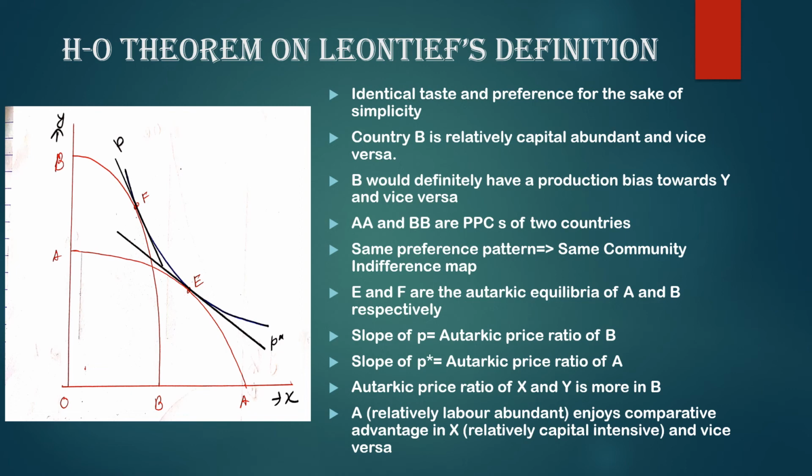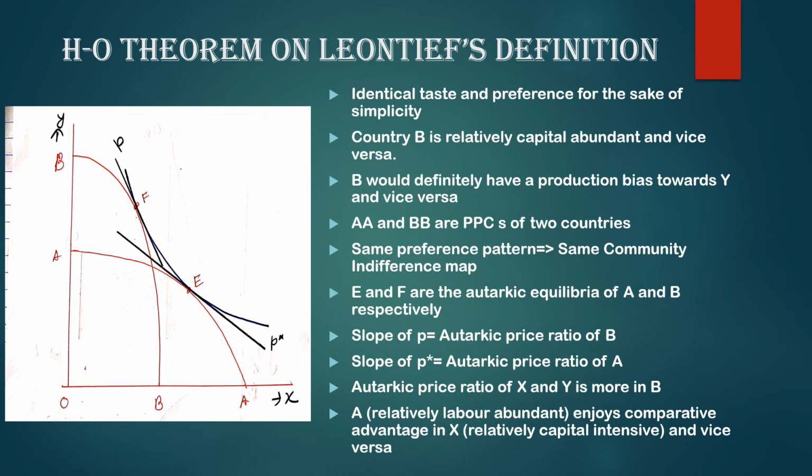Now, under autarky, in each country, the production possibilities curve will be the consumption possibility locus. So the autarkic equilibrium of country A will be represented by point E, where the production possibilities curve and the community indifference curve are tangent to each other.